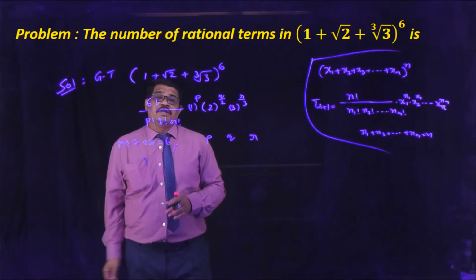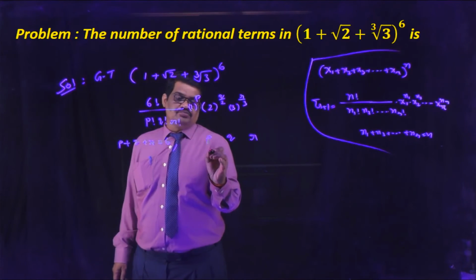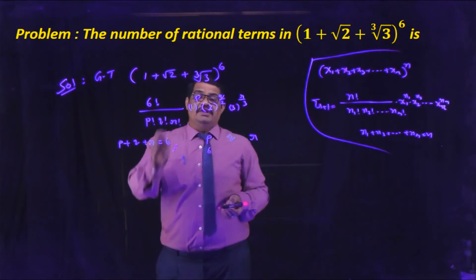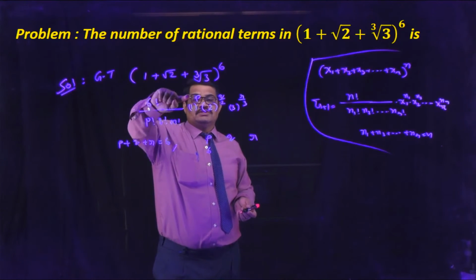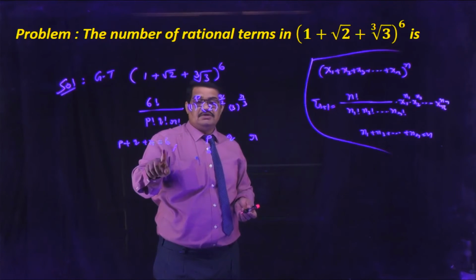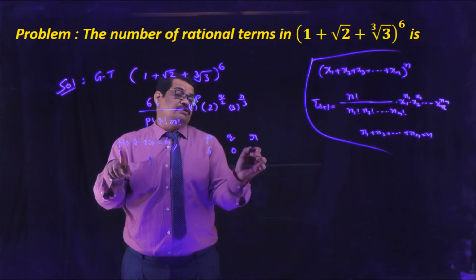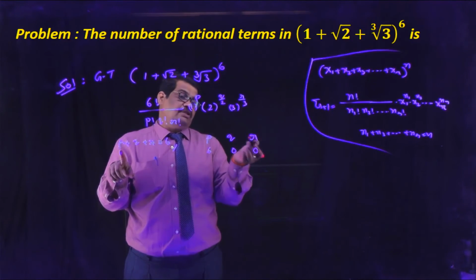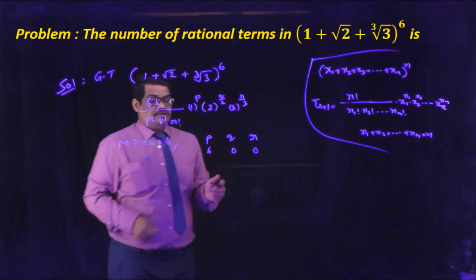Now we take r is equal to 6, then p is equal to 6? The sum of the values p plus q plus r must be 6. If we take p is equal to 6, then the remaining terms are taken as zeros, so q by 2 and r by 3 are both zeros.